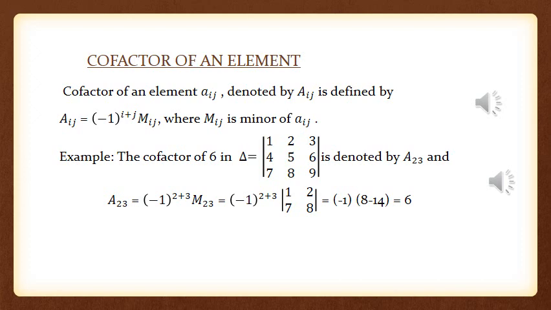So it is negative 1 raised to 2 plus 3 times determinant 1, 2, 7, 8. That is equal to 6.